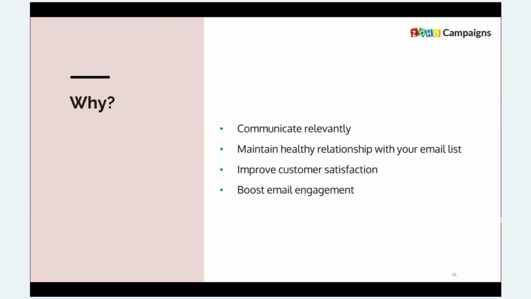This is used in order to communicate relevantly and maintain a strong relationship with your customers, and this improves the trust and satisfaction and boosts email engagement. I'll be explaining more about this in the demo. Basically, after setting up an automation, you can relax because everything that you wanted to do will be done by automation in order to stay relevant in your recipient inbox.